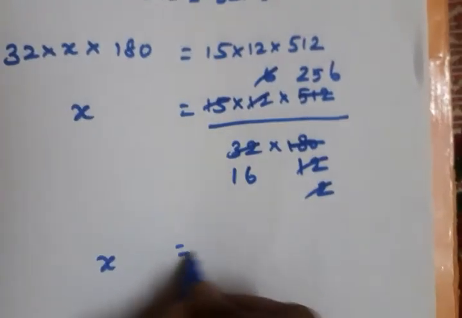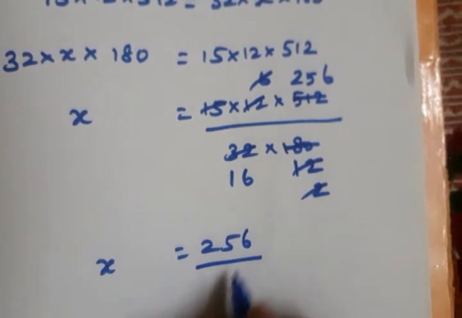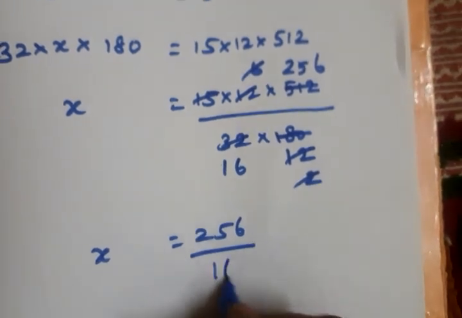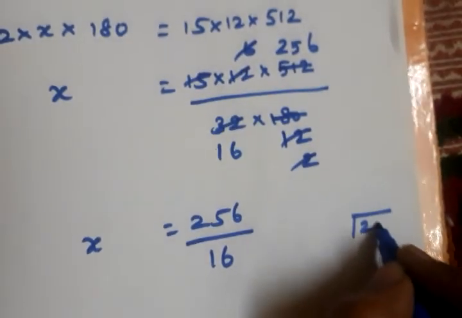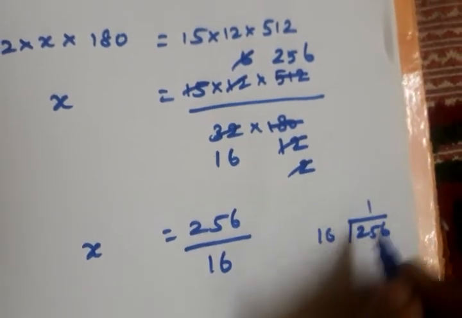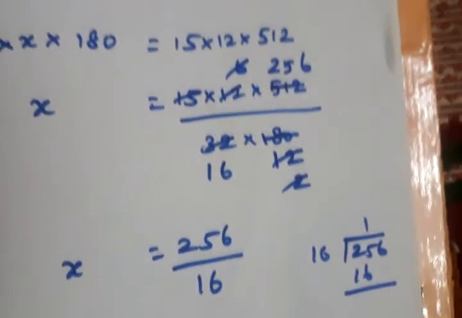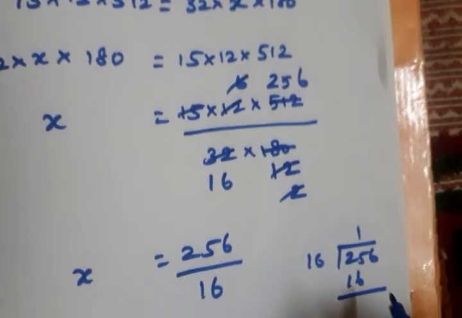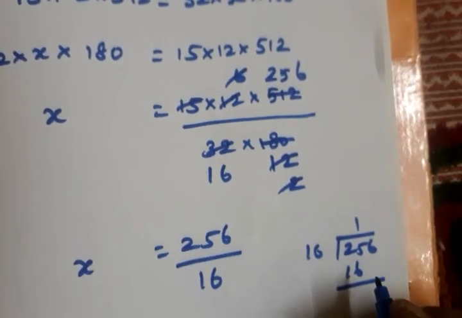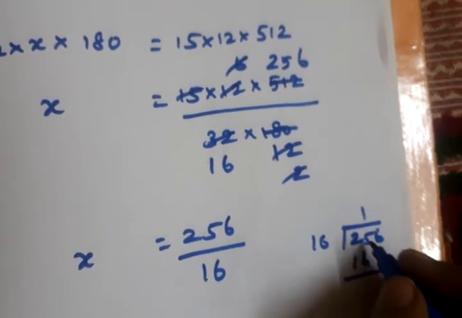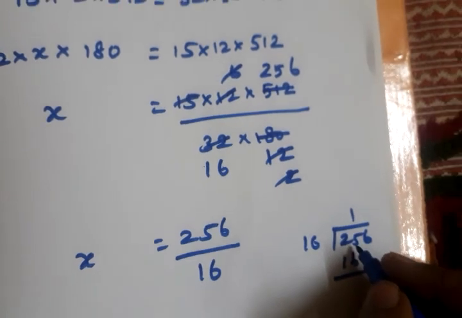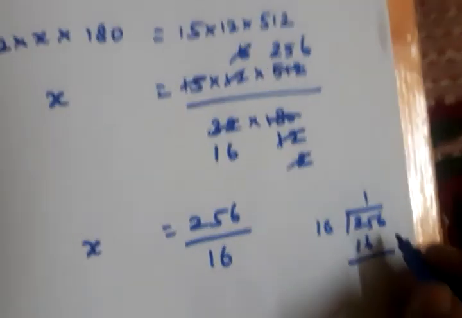Next, X is equal to 256 divided by 16. So divide 256 by 16. 16 16s are 256.